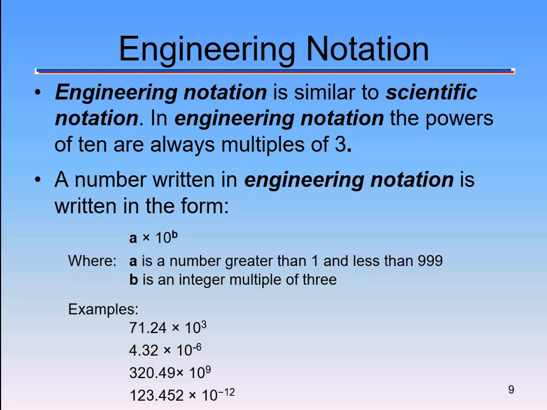Let's take a look at these examples here. We have 71.24 times 10 to the third. Can engineering notation and scientific notation be the same? Yes. Look at the second example here. We have 4.32 times 10 to the negative 6.